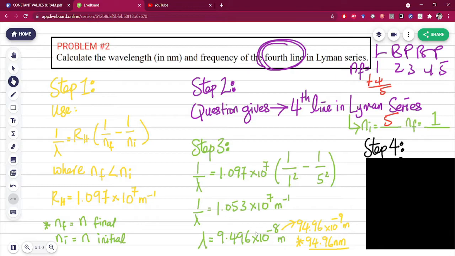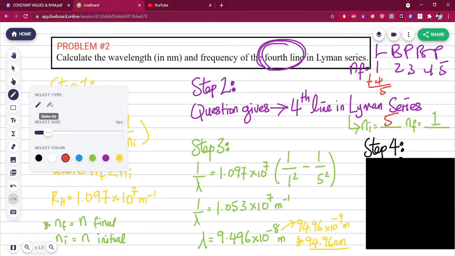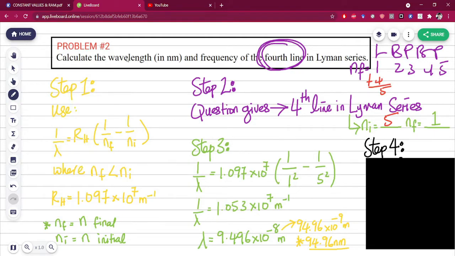But do remember, the question wants you to find that in the form of nanometer. Therefore, you cannot leave your final answer like this. You have to change this into negative 9 before you would be able to change this into nanometer.